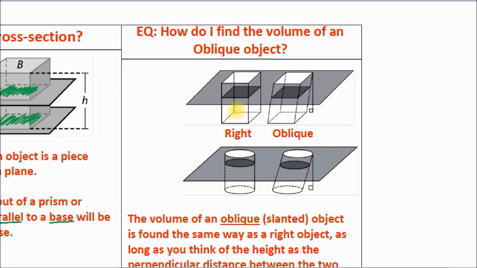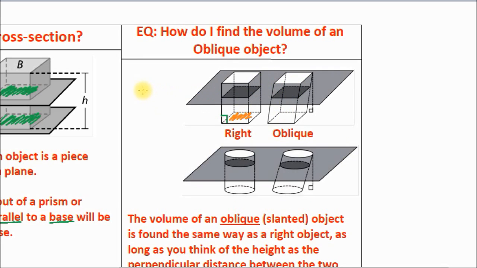One of them is called a right rectangular prism, and that's because all these edges coming up from the base to attach the other base meet the base at a right angle. That's not true of an oblique rectangular prism. An oblique rectangular prism is kind of like the Leaning Tower of Pisa. It's tilted off to the side.